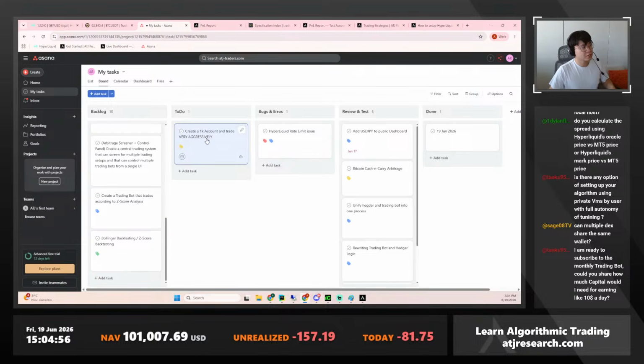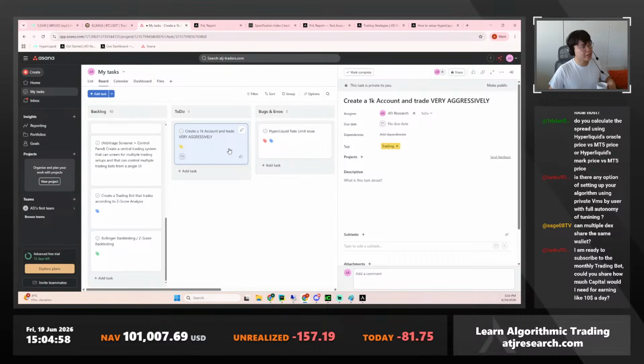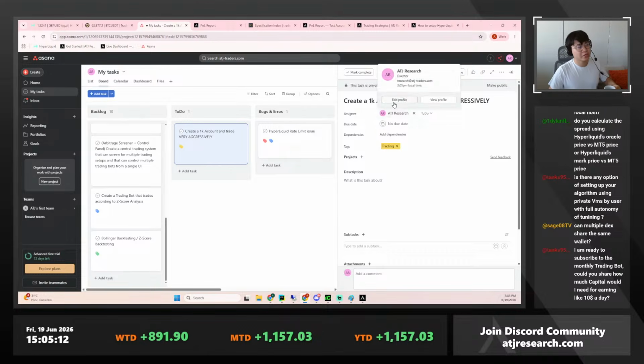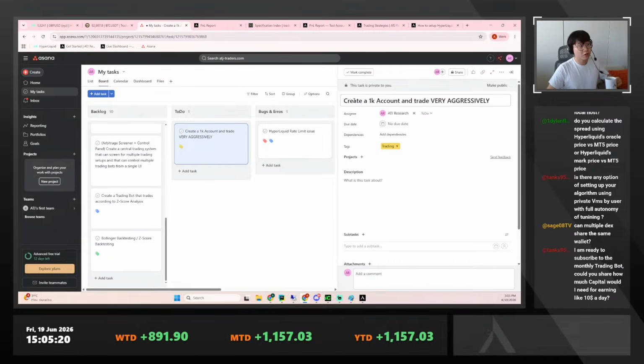So for next week, I'm going to create an aggressive 1K account and trade very high leverage and focus on markets that are very illiquid, and see if I can really push the limits of maximizing profit. Here we're going to trade very aggressively with very high leverage. There's a chance that I might get margin called, which can cause losses.